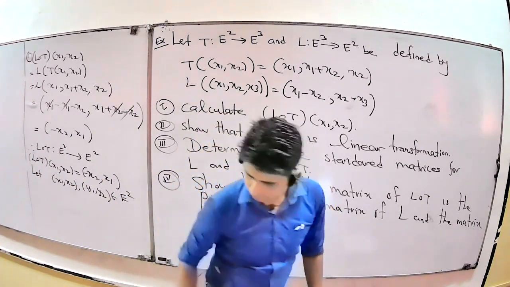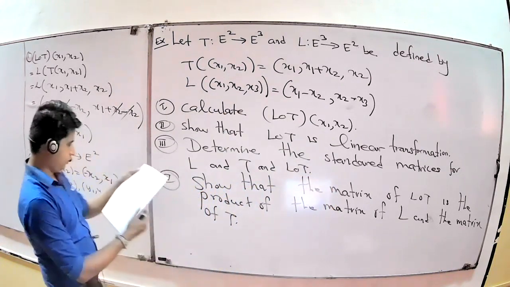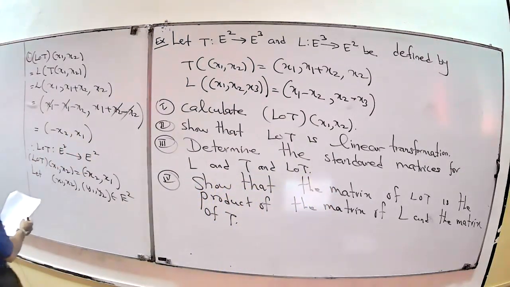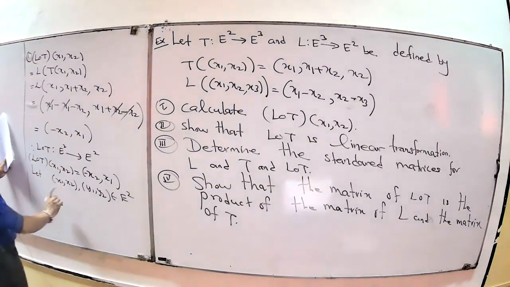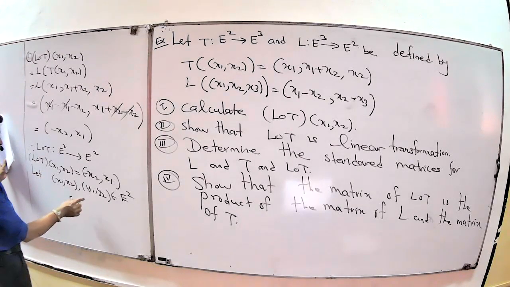Now you want to show the linear transformation. Therefore take x1, x2 belonging to E squared and y1, y2 belonging to E squared.